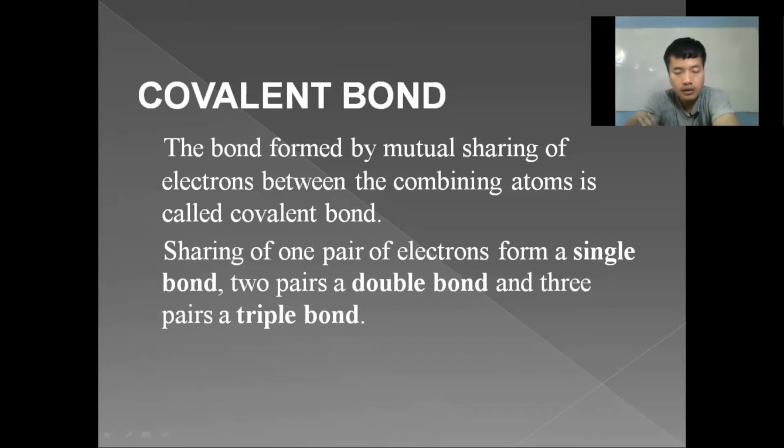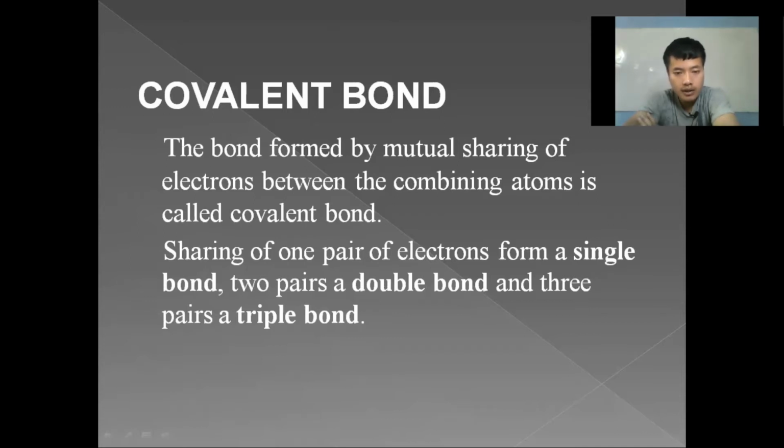For example, let's see carbon. Carbon has 4 electrons in its valence shell, and the valency of carbon is 4. Carbon cannot give or take electrons, and what it can only do is share electrons. This type of sharing of electrons between atoms is called covalent bond.